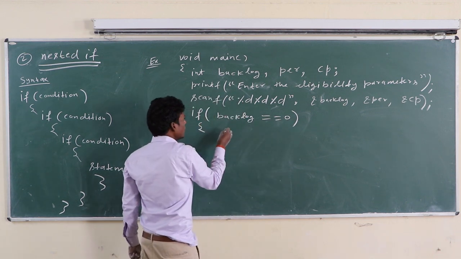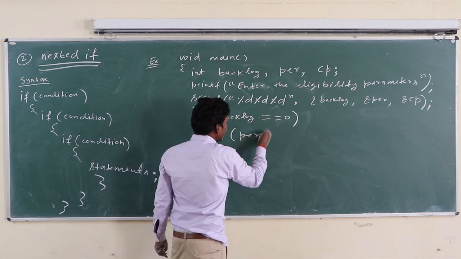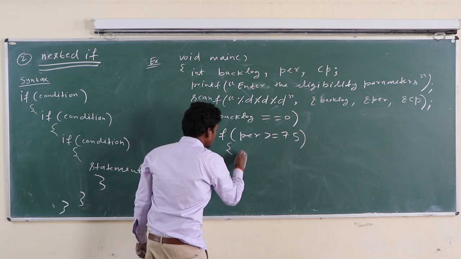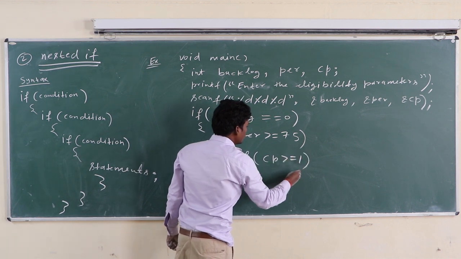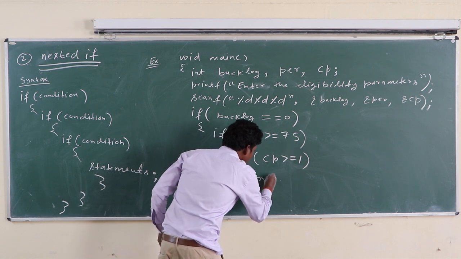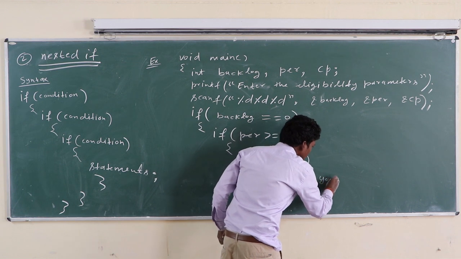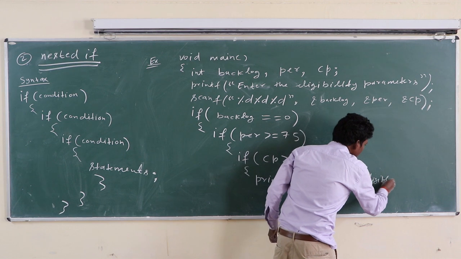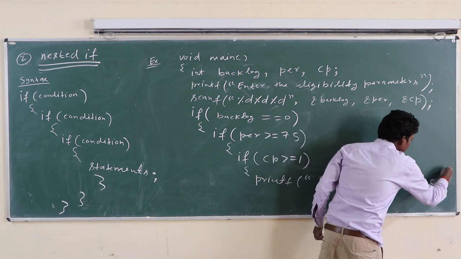If backlog == 0, if per greater than or equal to 75, if cp is greater than or equal to 1, printf: you are eligible for Facebook campus drive.